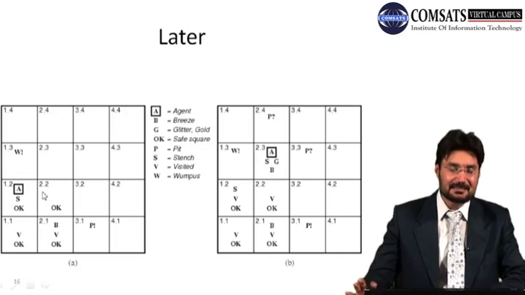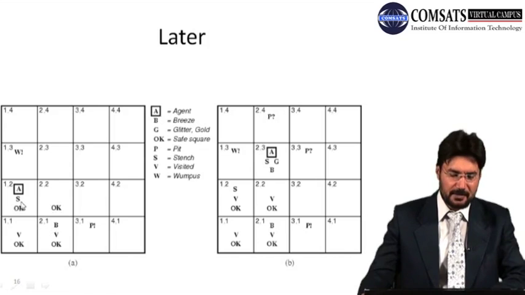So this is the knowledge we get. Now how do we think logically, what will be the solution now? If you remember, when we were in location 2.1, we know that there is a breeze coming from a pit. So it is either from 3.1 or from 2.2.